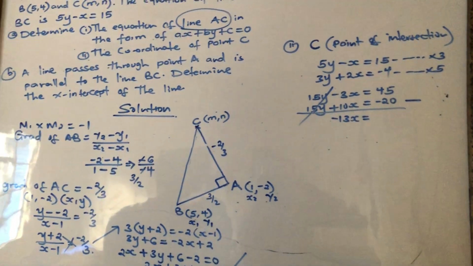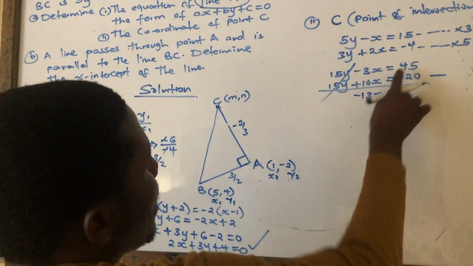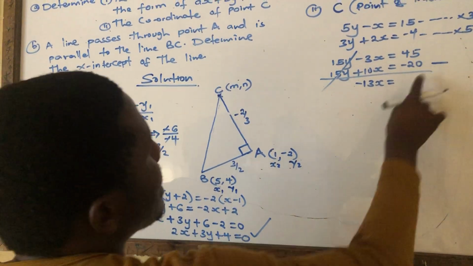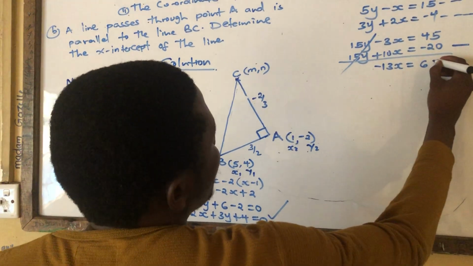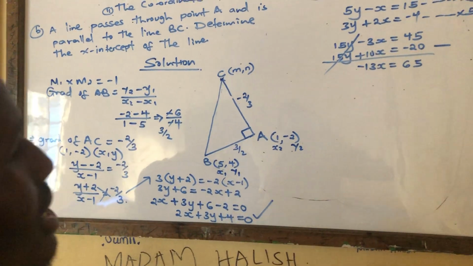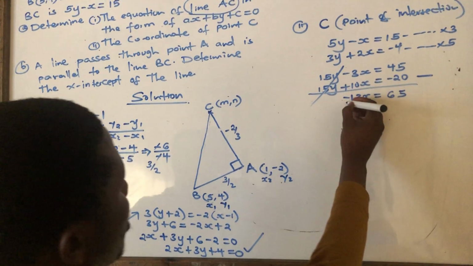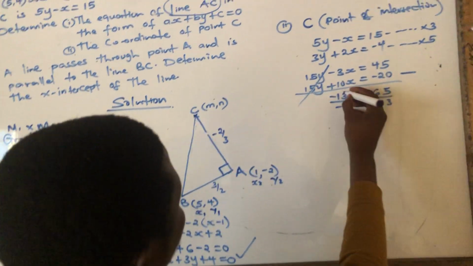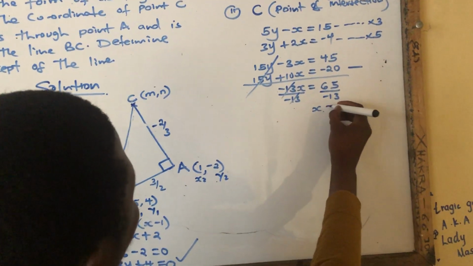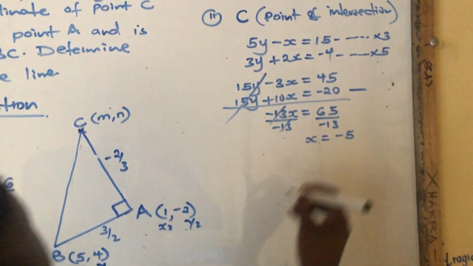Confirm that with your calculator. Then 45 minus 20 should give me positive 65. Confirm that with your calculator as well. We'll divide this by negative 13, this by negative 13. The value of x, therefore, will become negative 5.